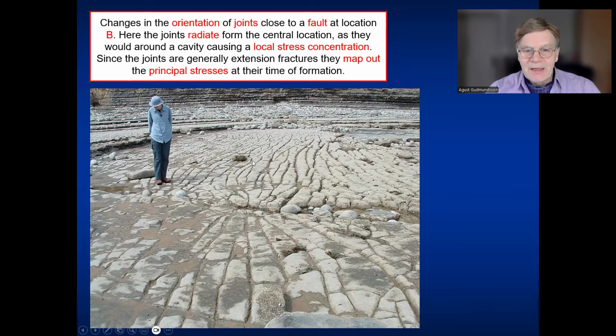Again, these joints are in this limestone layer, but there's another limestone layer here and another there, and it continues up the cliffs. The beauty of all this is that the joints map out the principal stresses at the time of their formation. They follow the stress trajectories, as I show in a moment.